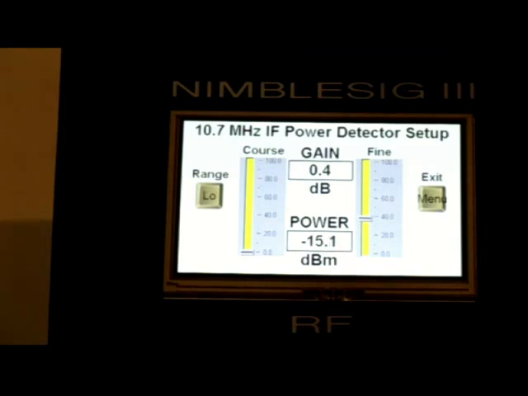So it would suggest a net loss after going through the variable gain amplifier and the mixer, and with the frequency shift from 100 megahertz down to 10.7 megahertz, there's been about 5 dB of loss. If we wanted more sensitivity here, I could increase the gain of this detector.